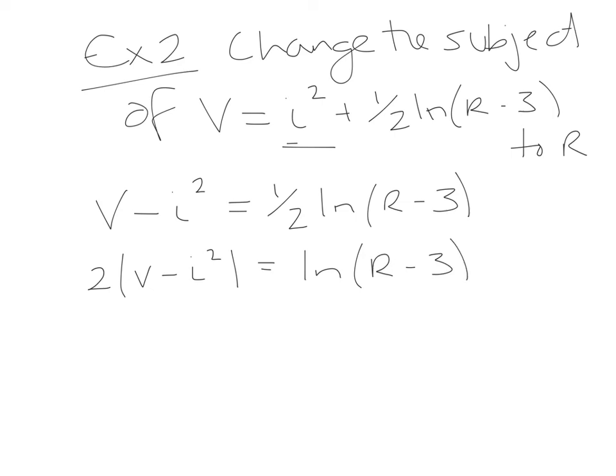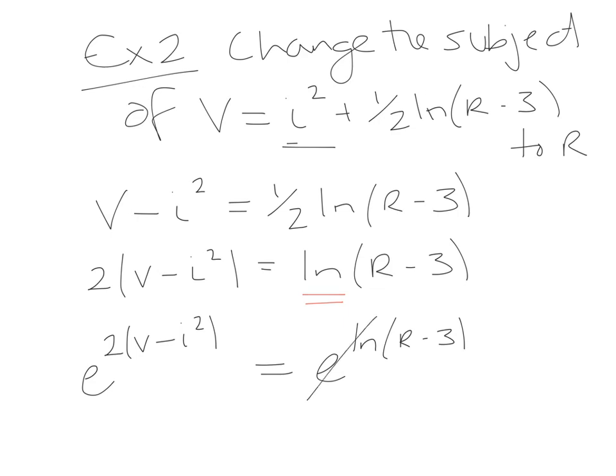Now that we have the log by itself, on the right hand side, we can take the exponential. So the exponential of both sides will give us e to the power 2 times v minus I squared, all in brackets, equal to e to the ln of r minus 3.